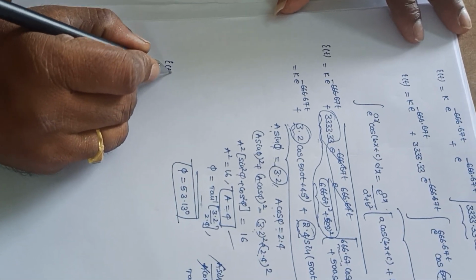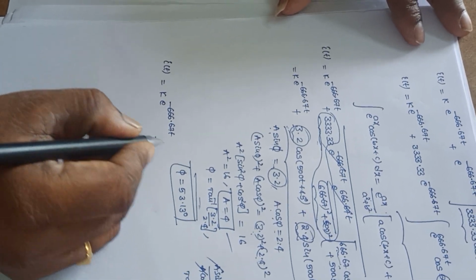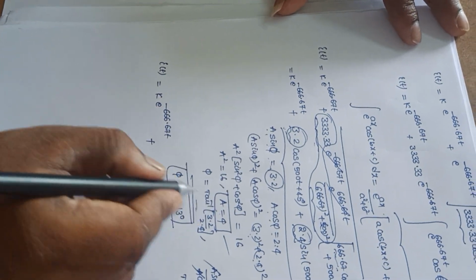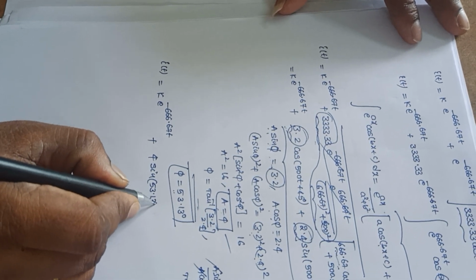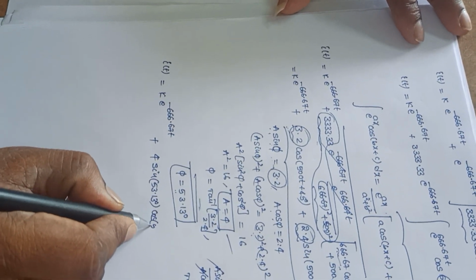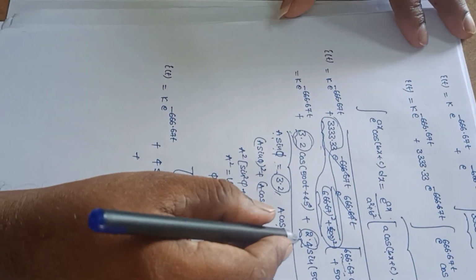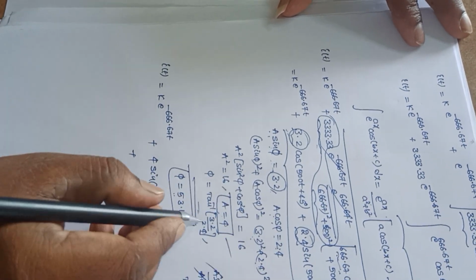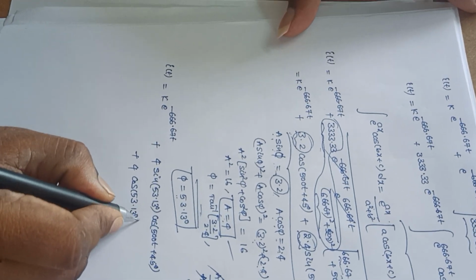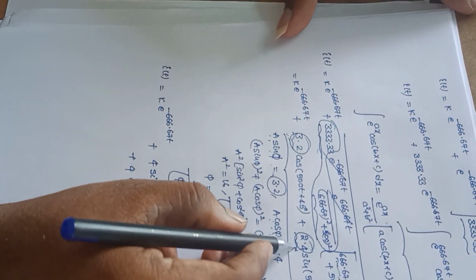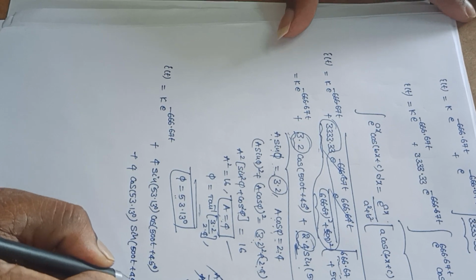So this is i of t is equal to k into e power minus 666.67t plus a sin phi, where a value is 4, sin phi value is 53.13 degrees, and cos of 500t plus 45 degrees, plus 2.4, which is a cos phi, where a value is 4, cos of 53.13 degrees, into sine of 500t plus 45 degrees.